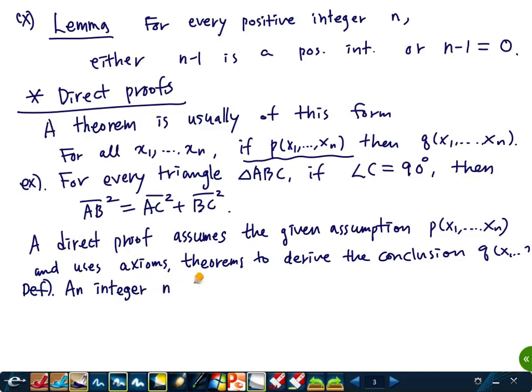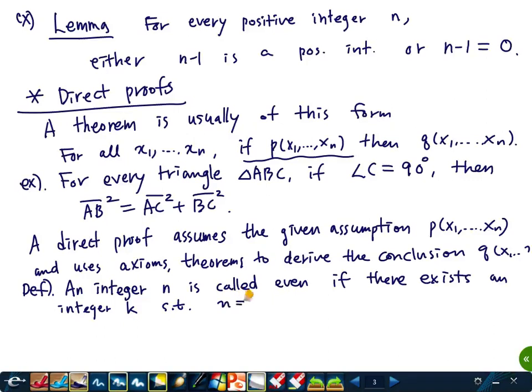An integer n is called even if there exists an integer k such that n equals 2 times k. This is the definition of an even integer.